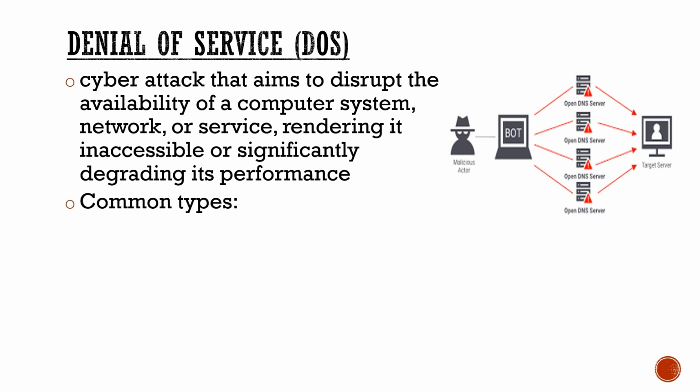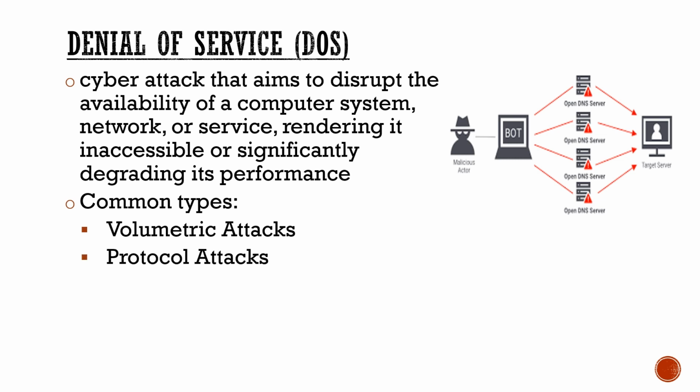There are several common types of DoS attacks. First is the volumetric attacks. These attacks flood the targeted system or network with a massive volume of traffic, overwhelming its capacity. Examples include UDP flood, ICMP flood, and DNS amplification attacks.